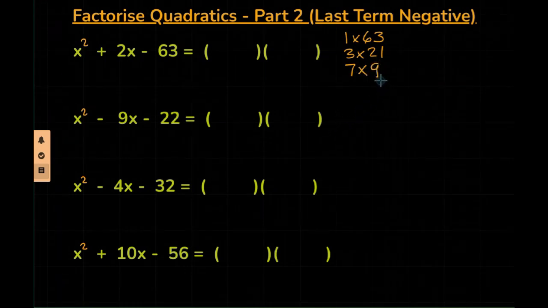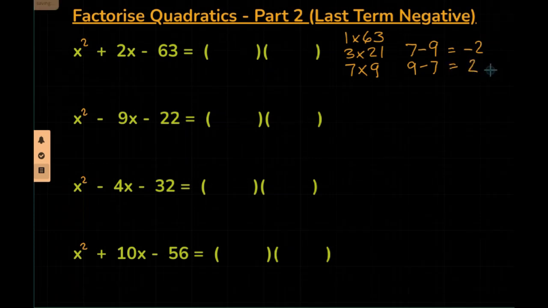Now, I need a negative product, so one of the numbers has to be negative, and I need a difference of 2. 7 and 9 have a difference of 2, so I could try 7 minus 9 and 9 minus 7. Well, the first, 7 minus 9, gives minus 2, and 9 minus 7 gives plus 2, or just 2.